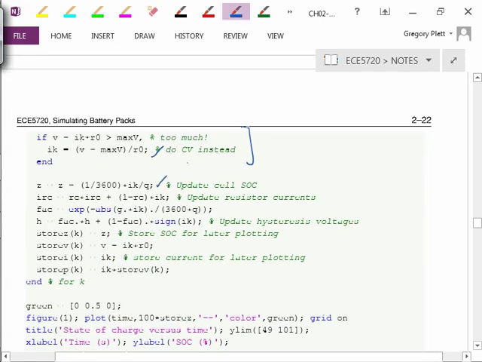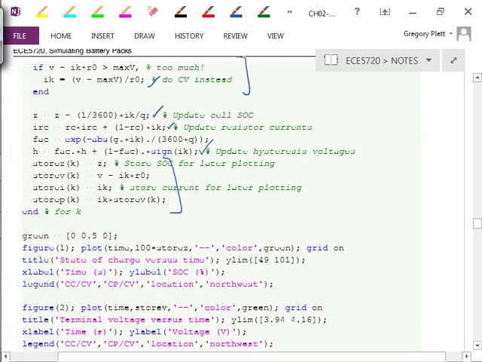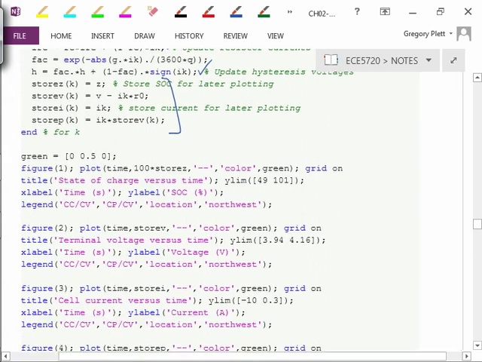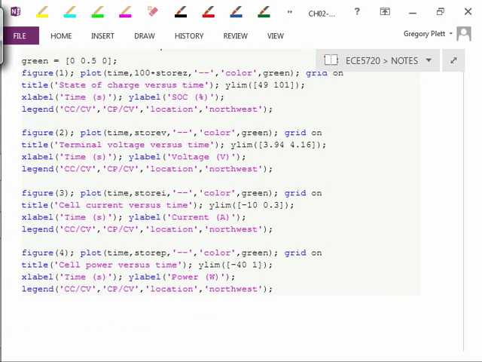We update state of charge with Coulomb counting, update diffusion current, update hysteresis voltage, store things just as before, and now I am going to plot over top of the other plots the state of charge, the voltage, the cell current, and the cell power. And that's it.